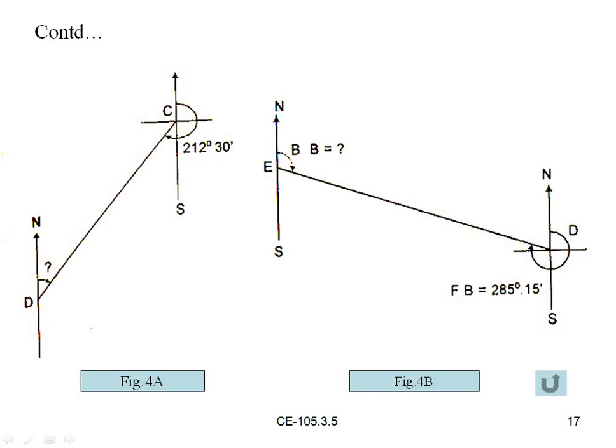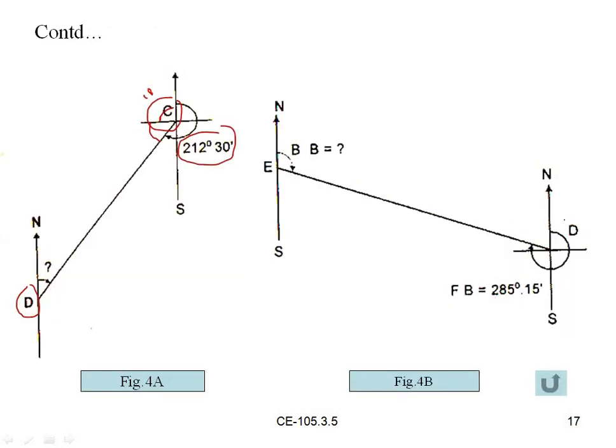So here, this is the point D and C, C to D. So for C, it is given 212 degrees 30 minutes. If you want to find out this angle, that is the back bearing angle, we have to take this angle as 180 degrees, and 212 degrees minus 180, then we will get this angle.